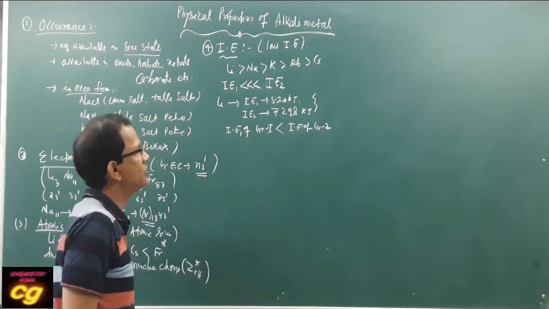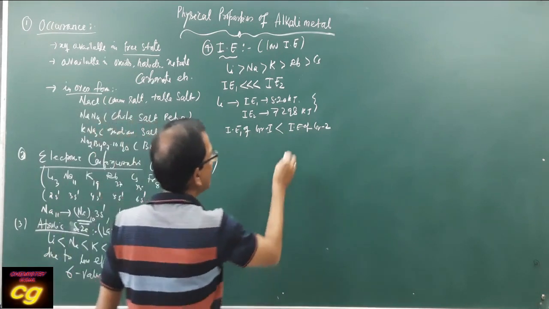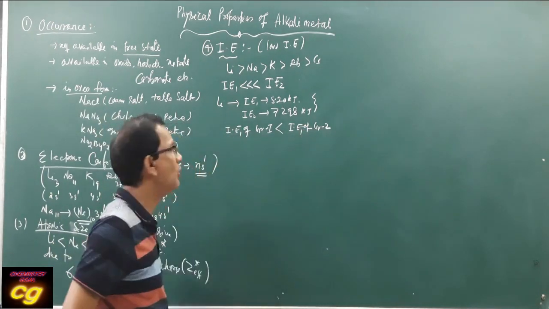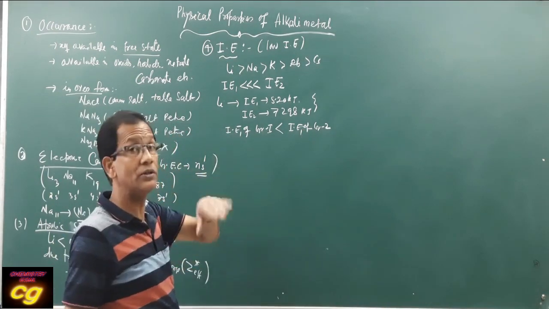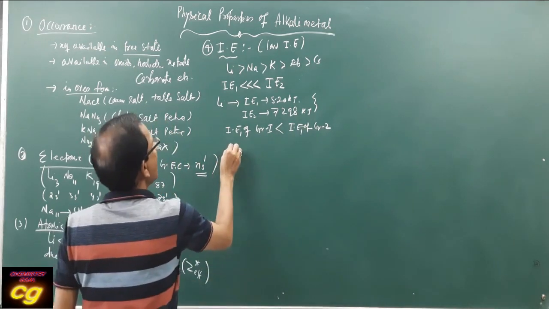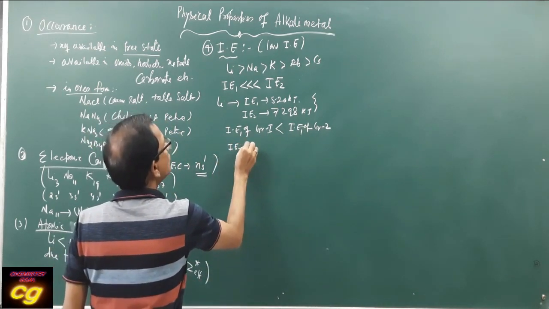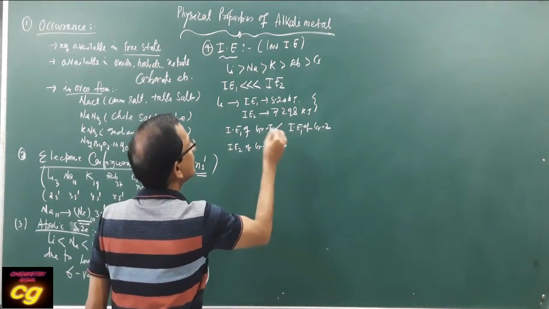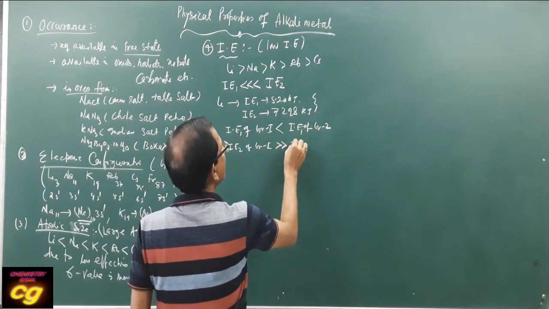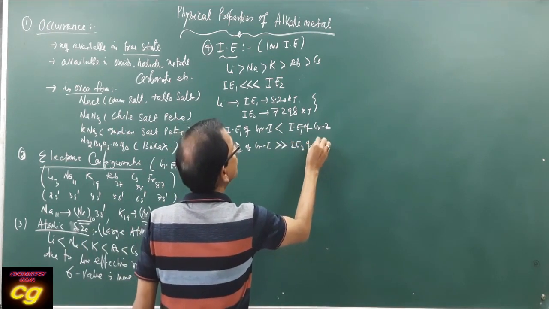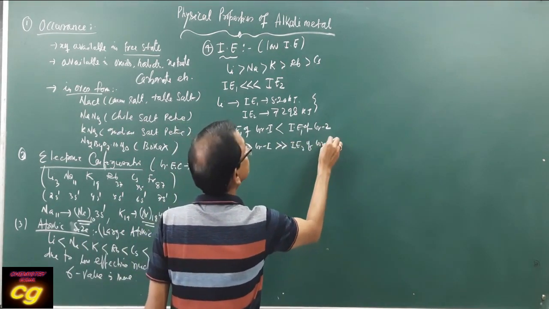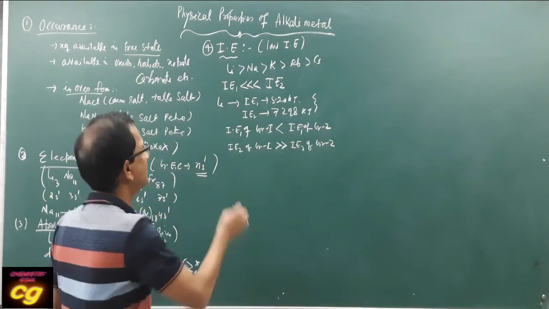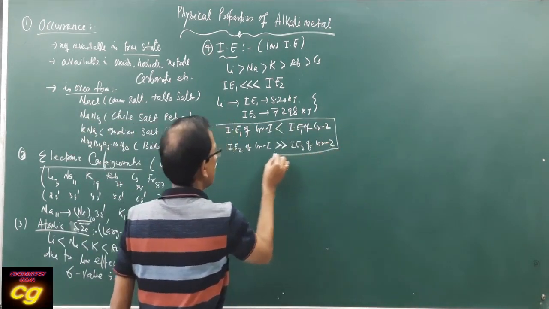The first ionization energy of group 1 is less than the first ionization energy of group 2. But if you consider the second ionization energy, I2 of group 1 is much greater than I2 of group 2. This data is very important.